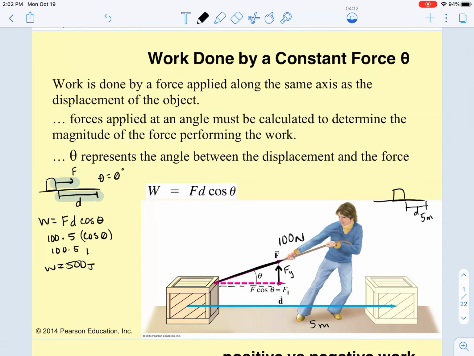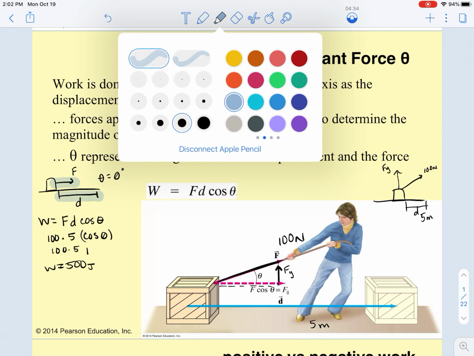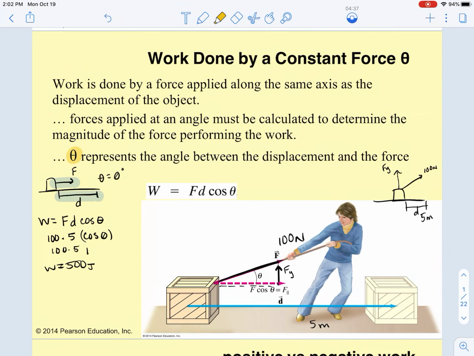It's not helping, contributing, affecting that horizontal work in any form or fashion. So let's just look at how the math tells us that, okay? So if we were to draw the force vector in real life, it is right here, 100 newtons. But we are considering the vertical component of that force. And so the slide here is telling you that the angle theta represents the angle between the displacement and the force.